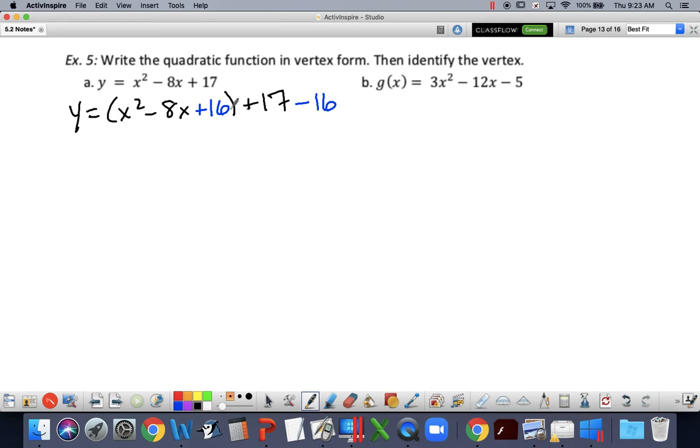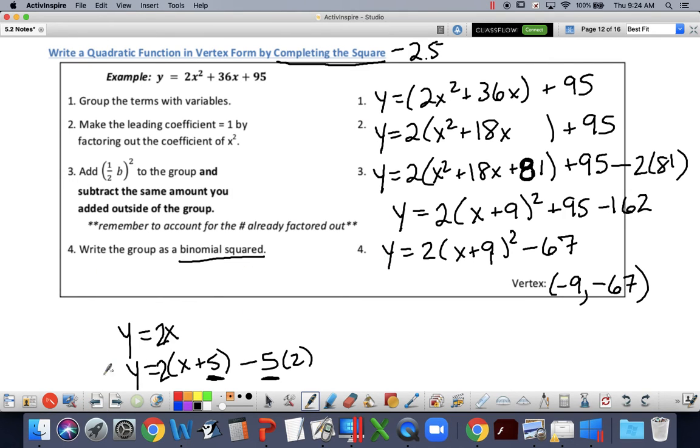I then have all of this here. I'm going to rewrite this part here as a binomial squared. And that binomial squared is the quantity x minus 4 squared. And then I combine: 17 minus 16 is plus 1. So I know initially we had all of these steps that we went through, our nice 5-step process.